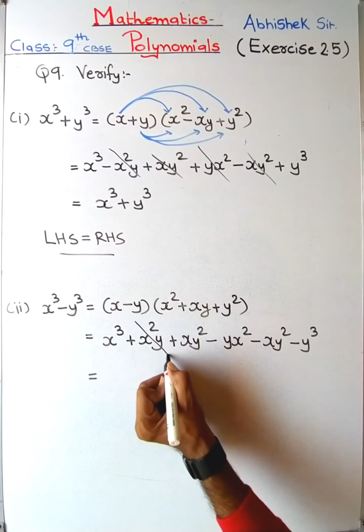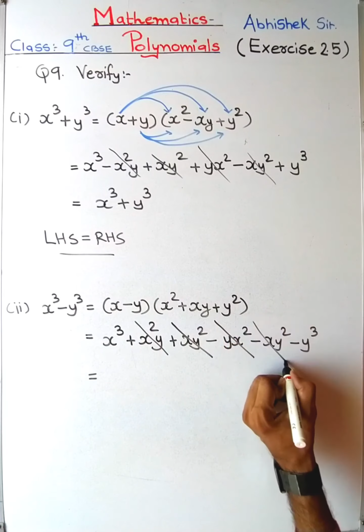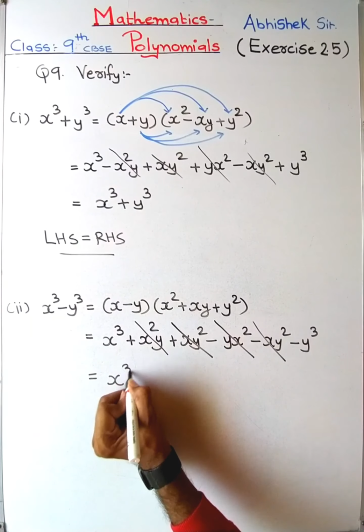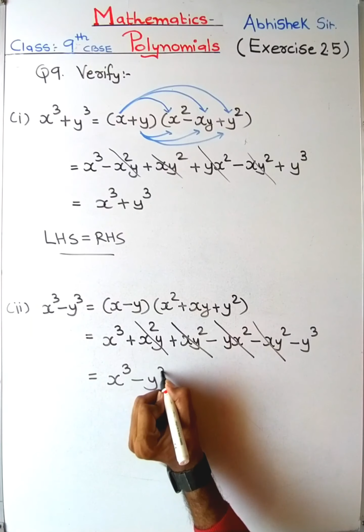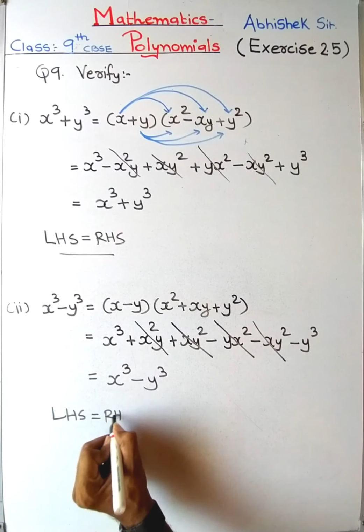Plus x square y minus y x square, plus xy square minus xy square cancelled, so we have x cube minus y cube, so we can write that LHS equals RHS.